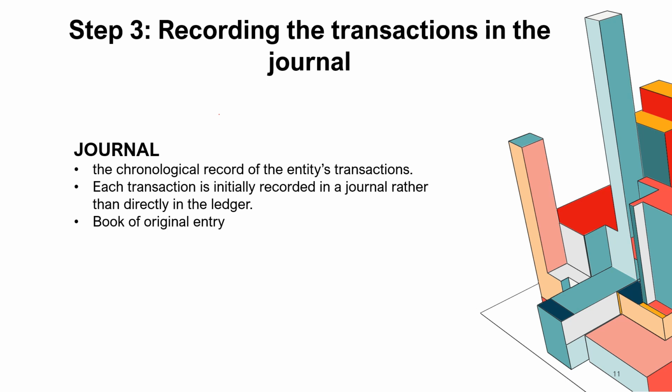We will be discussing posting to the ledger in our next session. Journal is also called the book of original entry, and the general journal is the simplest journal. For this purpose, we will be using the general journal. We will record all business transactions, those which are recordable, in the general journal.